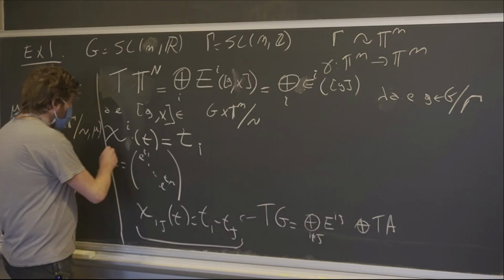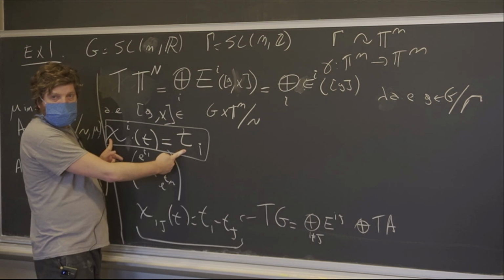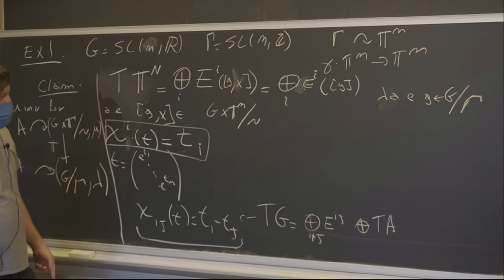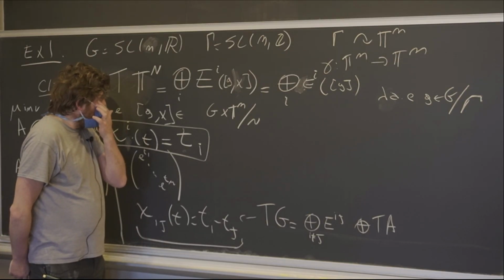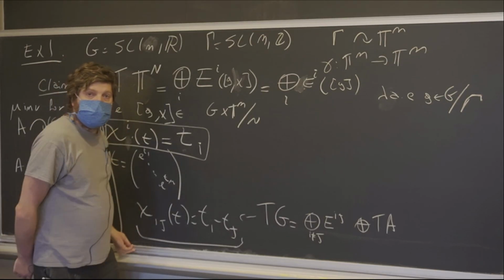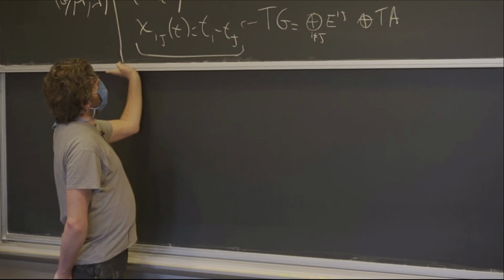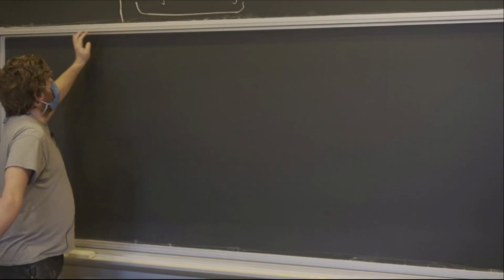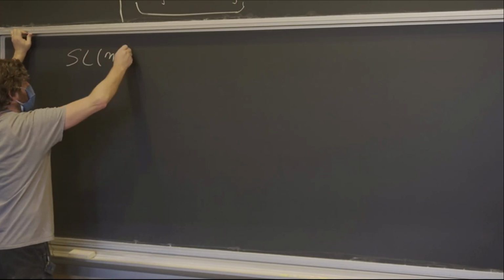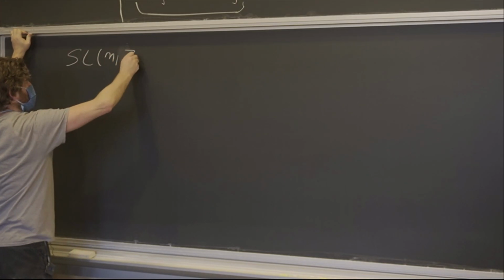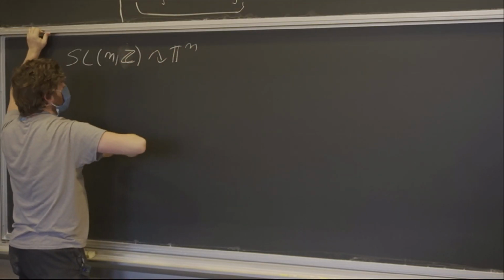Now let's do a little bit of computations and check why this is true. So why can we compute this Lyapunov exponent? Of course one reason is, what else could it be? But this is not the best reason. So let's do it. We have this SL_n(Z) acting on the torus T^n in the obvious manner.